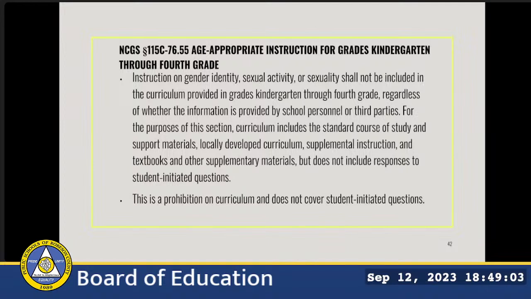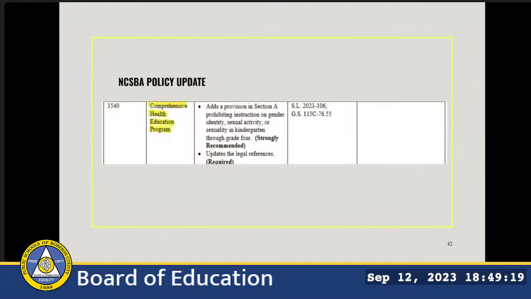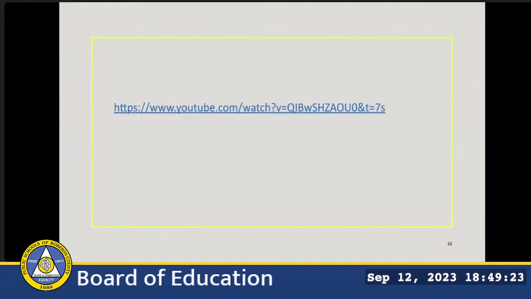So if a kid brings it up, then it's okay to just respond to the question. This is a prohibition on what we put out there, not what the kids come up with. So this is one of the policies that will have to come up. This is an example of how this could come up in class. So we'll run this here.